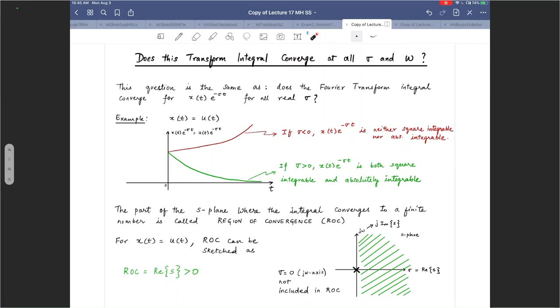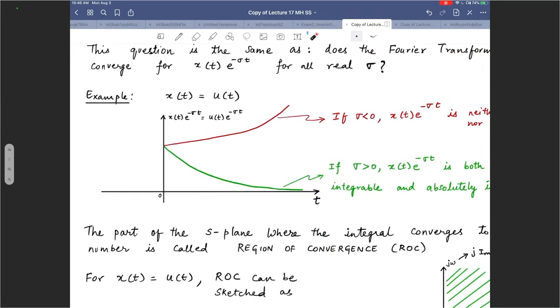And in order to answer that question, let us consider the Fourier transform of x of t multiplied by e to the minus sigma t. So what we are doing is x of t multiplied by e to the minus sigma t. We are looking at, does that converge for all real sigma or not? And the specific x of t we will consider, to keep things simple, is u of t.